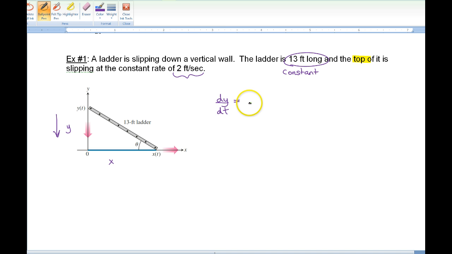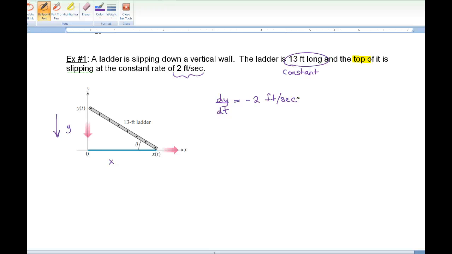And when it's going down, it's going to be -2 feet per second. It's the change in y with respect to time. Do you see how it's per unit of time? Anytime you see per second, per minute, that's going to be dt on the bottom. The top, we said, was going to be y. So the change in y with respect to time is -2.